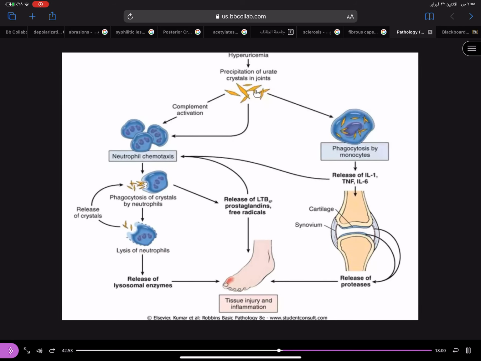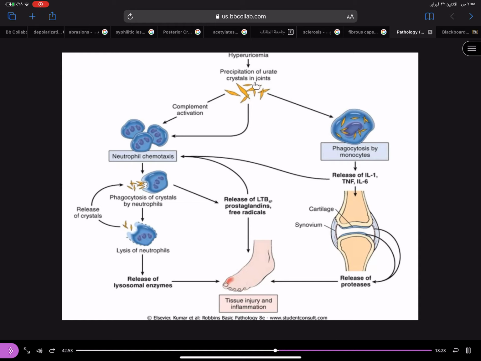Now coming to what is going on in the joint. Hyperuricemia can be primary, it can be secondary. Primary cause we have discussed, enzyme defect. Secondary causes can be kidney disease, leukemia, whatever. So more uric acid is produced. What is going on in the joint? This uric acid will precipitate in the joint, just like anything.